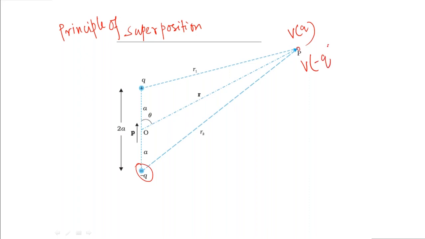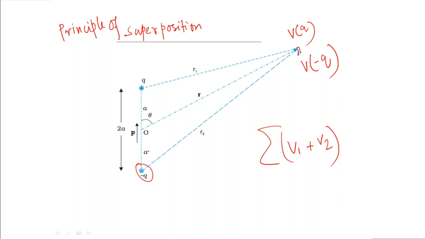Potential is a scalar quantity. Even though it has a direction, like high potential and low potential, still potential is a scalar quantity. So if I take the scalar sum, V1 plus V2, then I can get the potential due to this dipole itself.